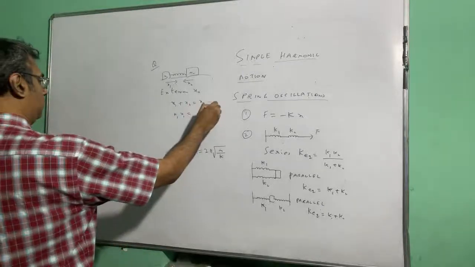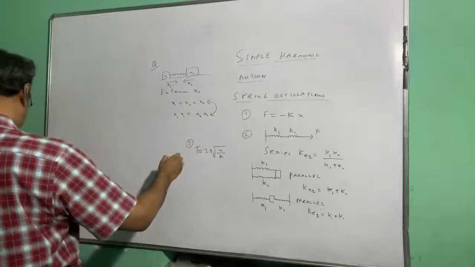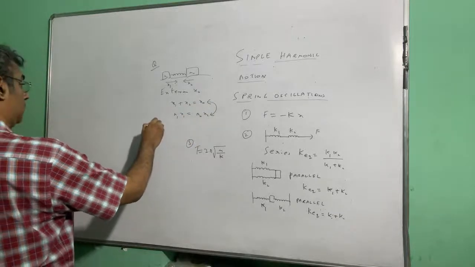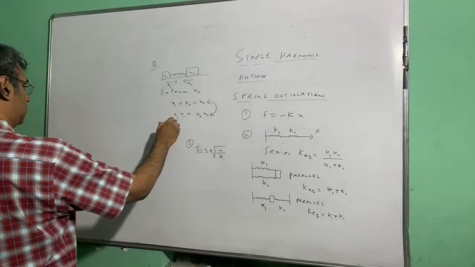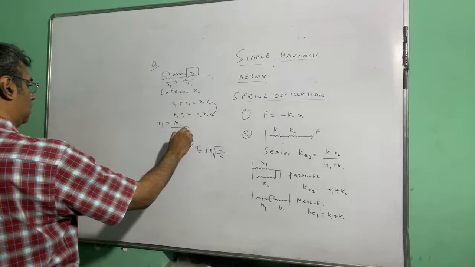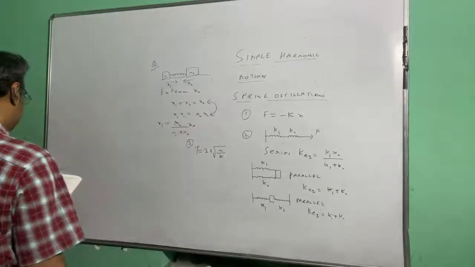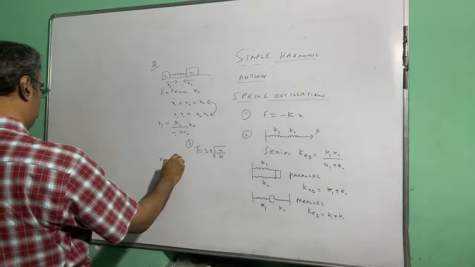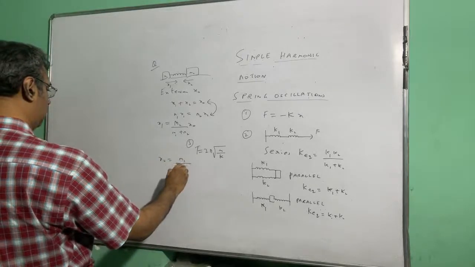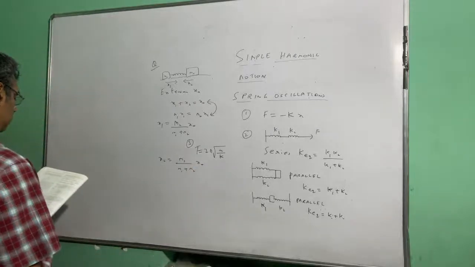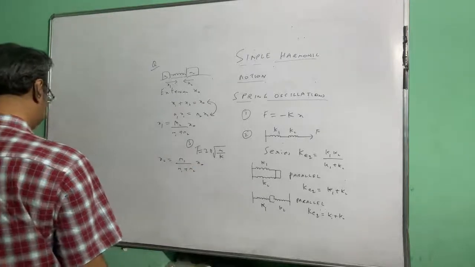If you solve these two equations, you will get x1 is m2 by m1 plus m2 into x0, and x2 will be m1 by m1 plus m2 into x0.